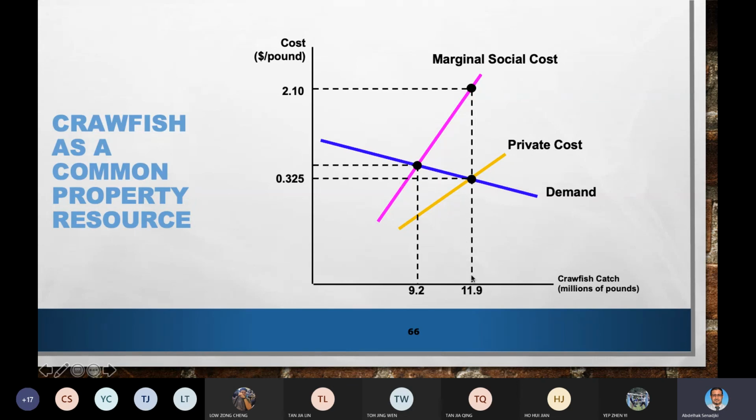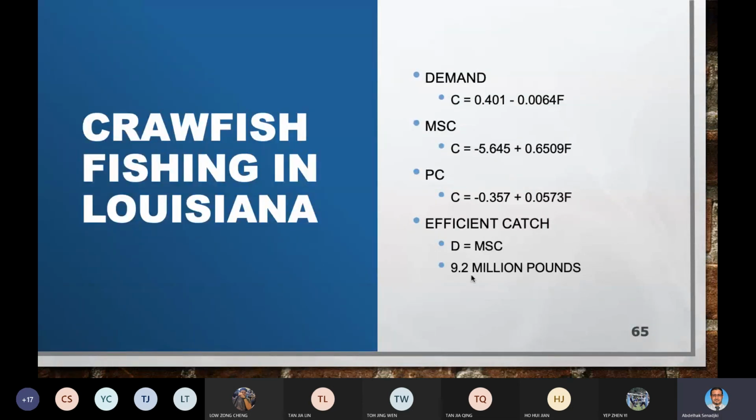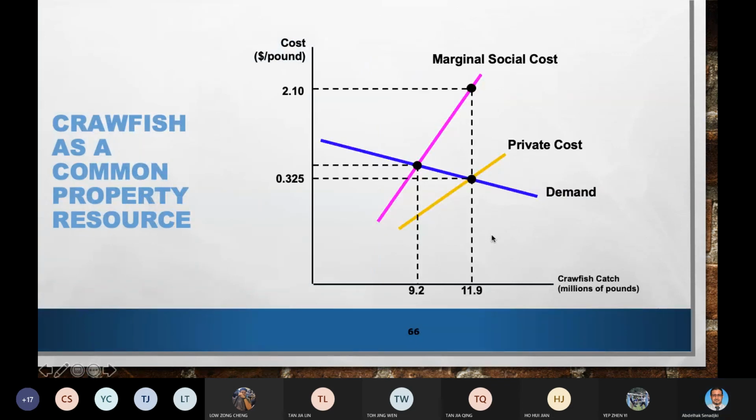How do we get that? You get it from here. The private cost intersects with the demand. This equals this, C equals C. Then we will get 11.9.